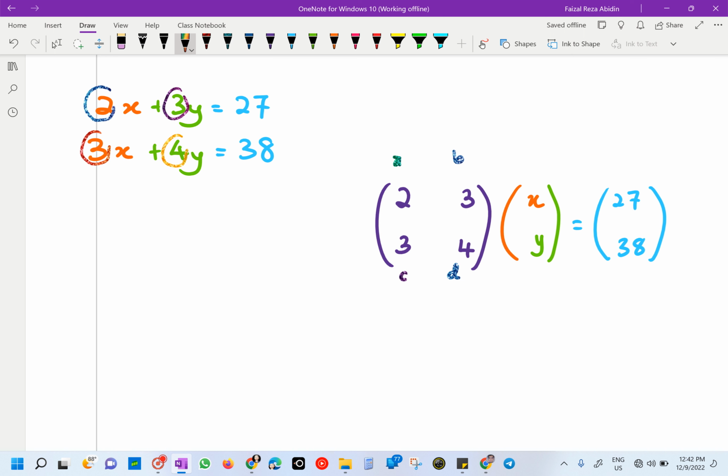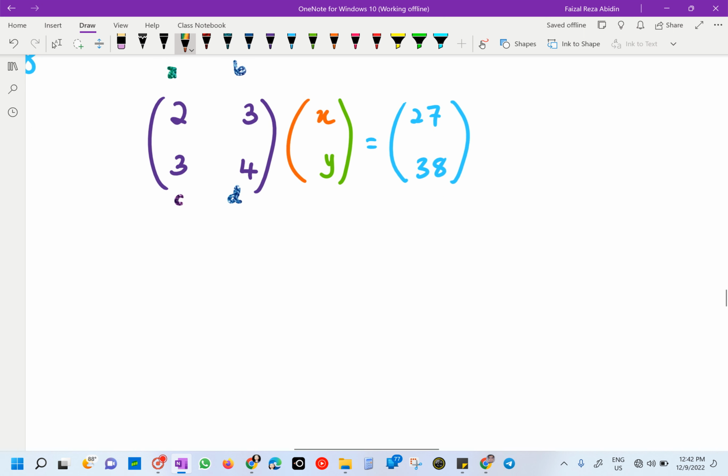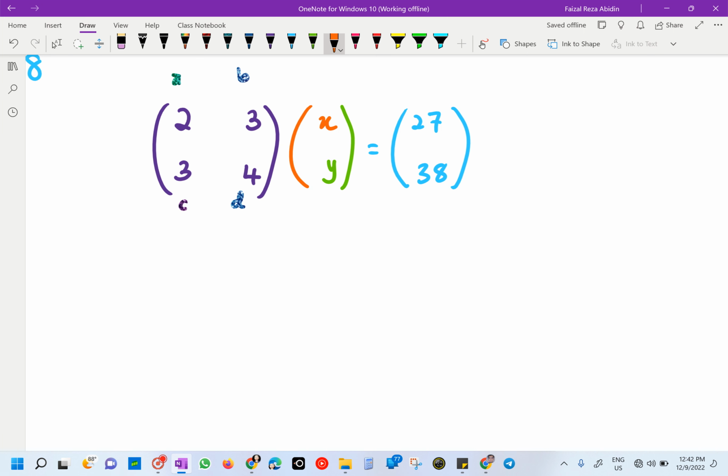Why? Because we are going to use the inverse matrix. So you are going to write over here your X, Y. You are going to have 1 over AD minus BC, so A times D, 2 times 4, minus BC, 3 times 3.